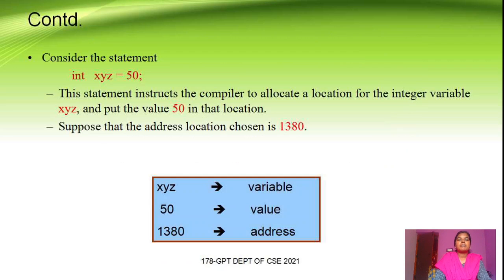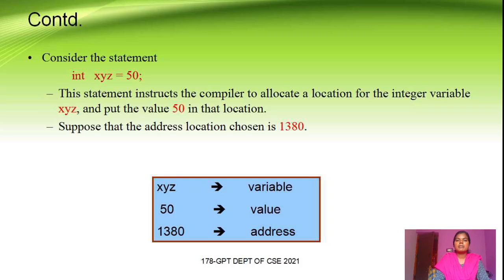Let us consider the statement int xyz = 50. Here 50 is the value and xyz is the variable. It is stored at the address 1380. Here 1380 is the address used to store the value 50, and it is stored in the variable name xyz.